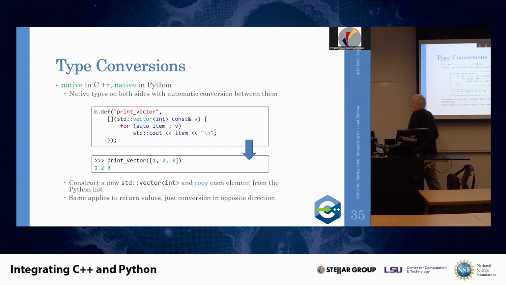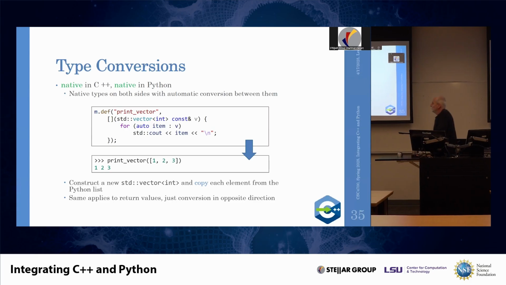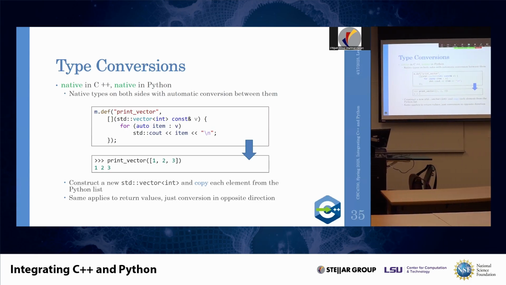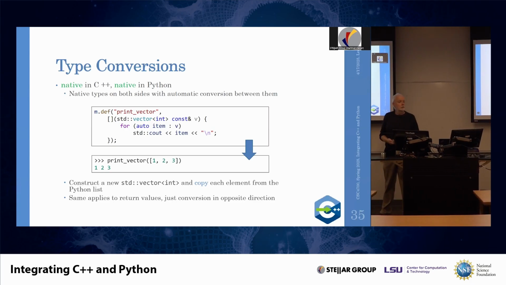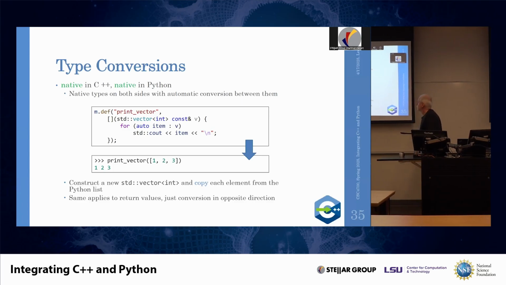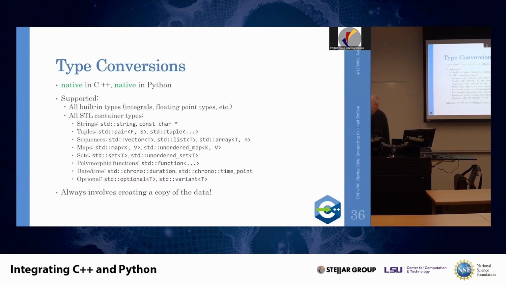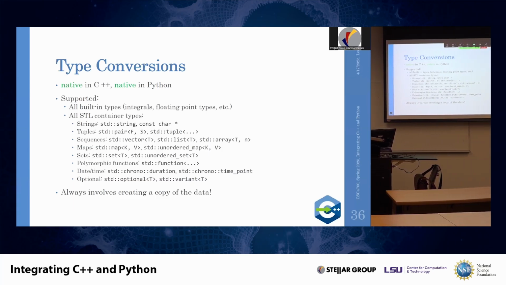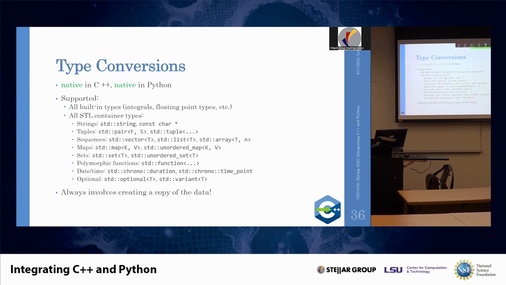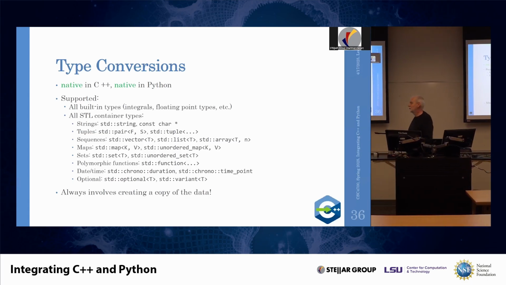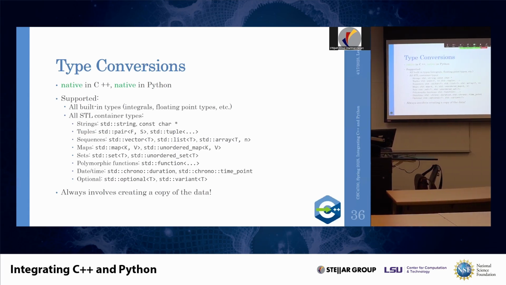The same applies for return types. So when you return a standard vector, you will get a list on the Python side if you don't do anything special about it. Just a list of what's actually supported, and that's not a complete list, just for your reference, so you know if you ever want to know, hey, can I actually expose a std function to Python? Yeah, you can.